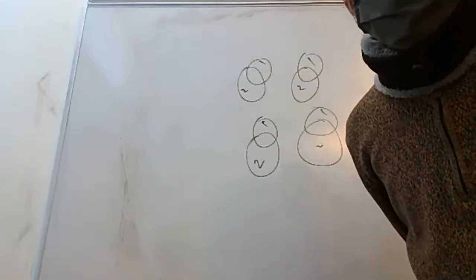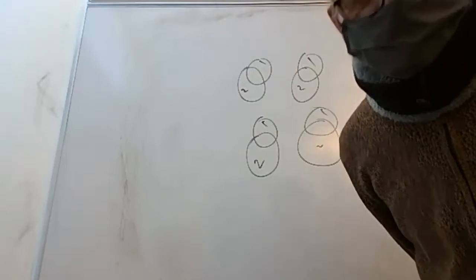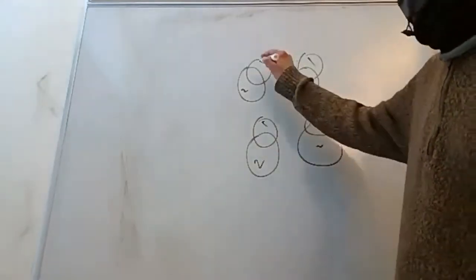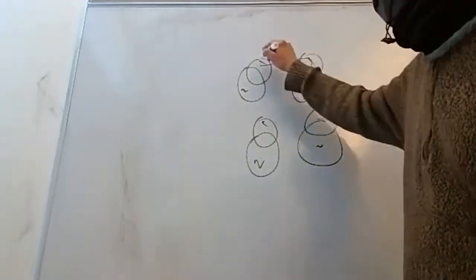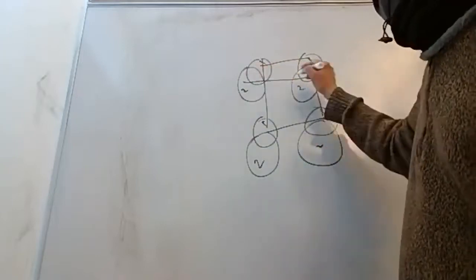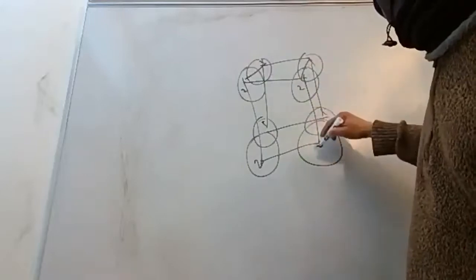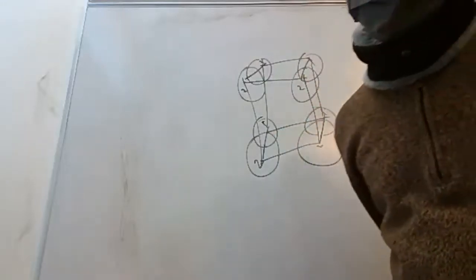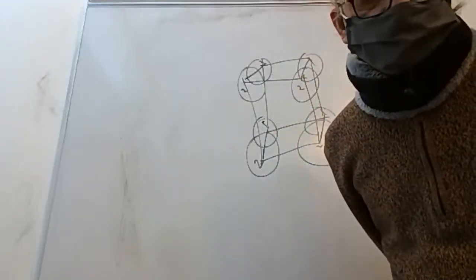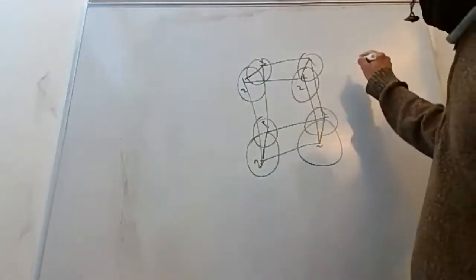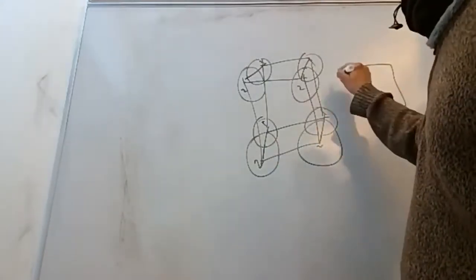If you have such an arrangement, then you can draw lines between all the 1s and between all the 2s and join the lines here. These are all imaginary lines. The resulting pattern looks like a cube.